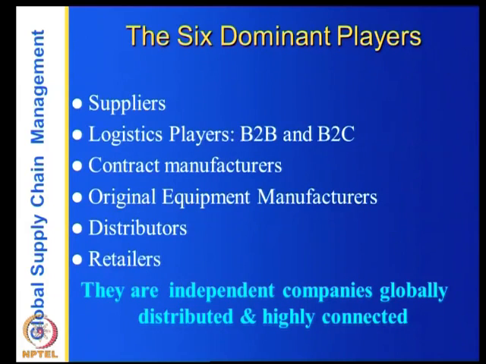Now, this connection becomes very important. If you are a manufacturer in India, and you want to source from China, how do you know about the suppliers in China? What is their quality? What are the banks? What is their financial status? And what is their record? So that's where this networking becomes an important issue.